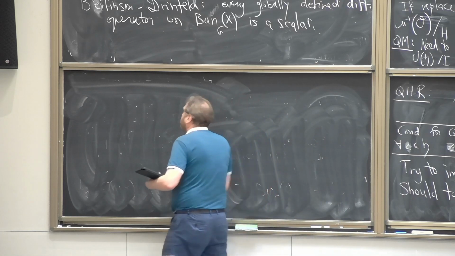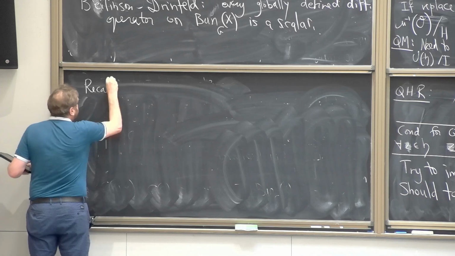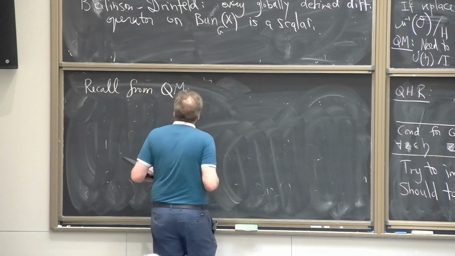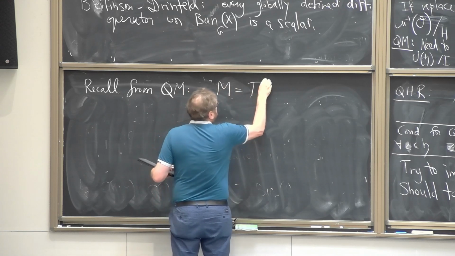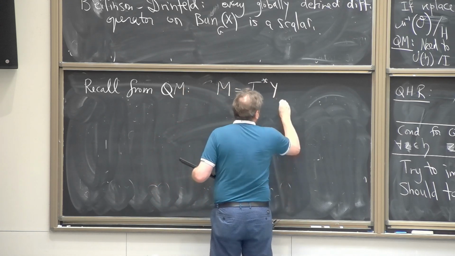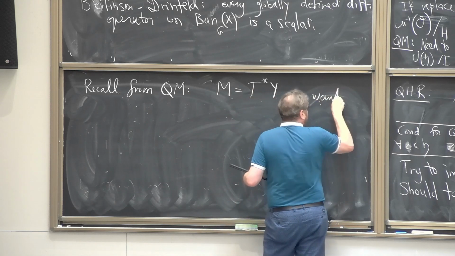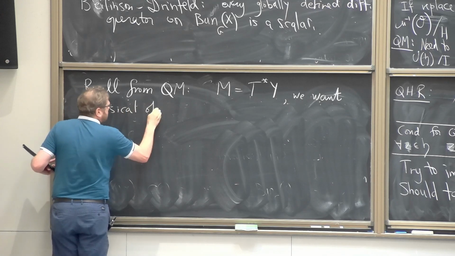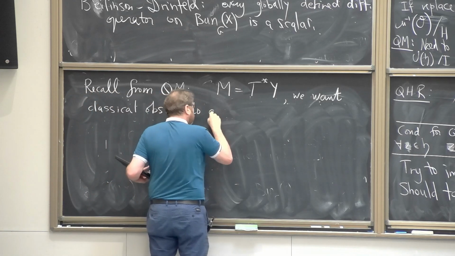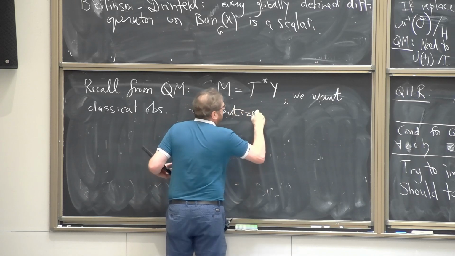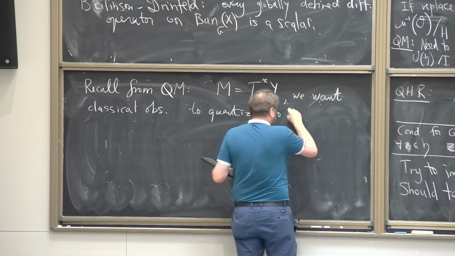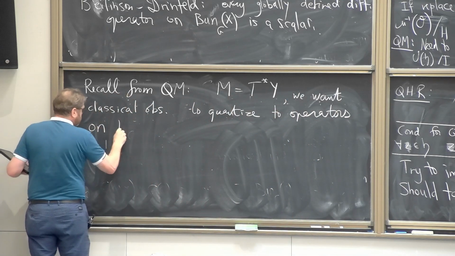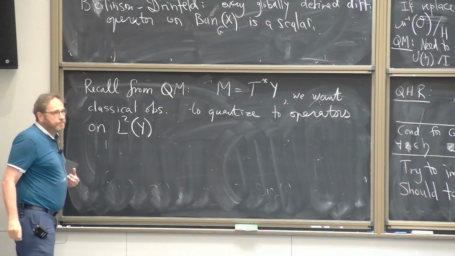The reason, recall from quantum mechanics, is that if you have M equals the cotangent bundle of Y and we want quantization, we want classical observables to quantize to operators on L2 of Y in quantum mechanics.